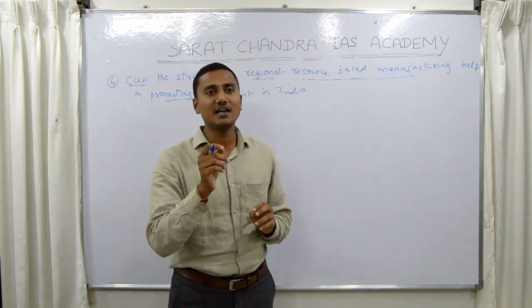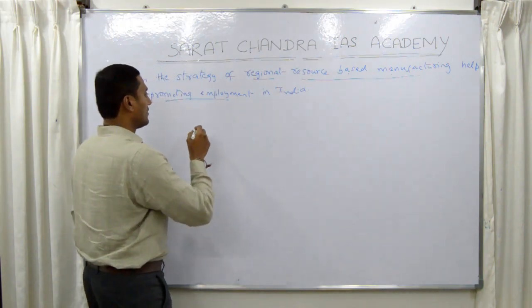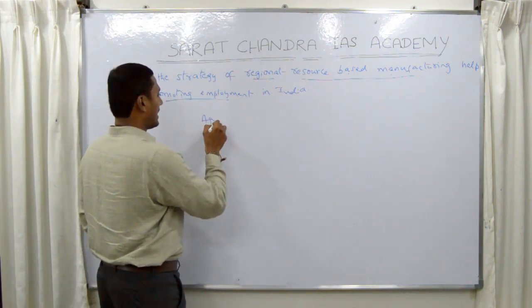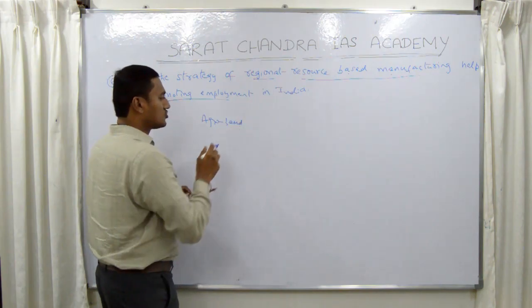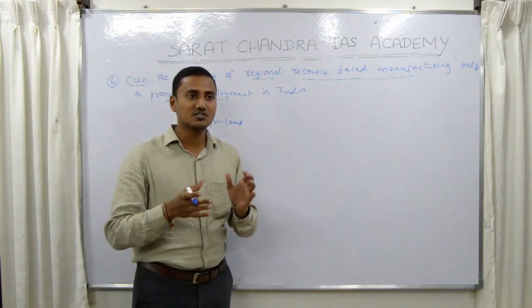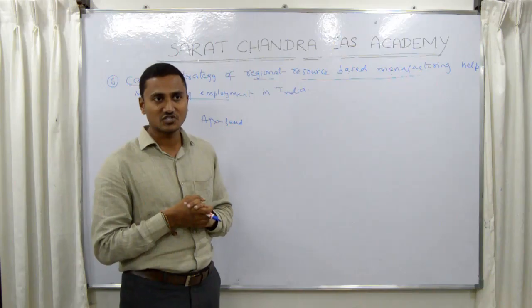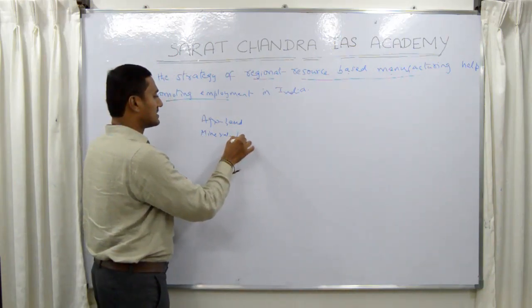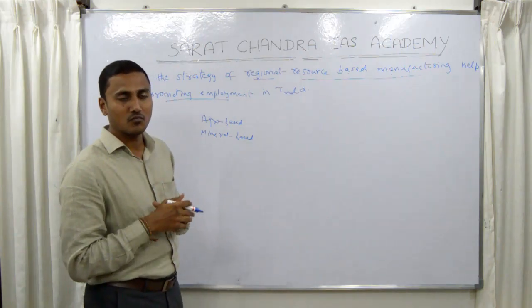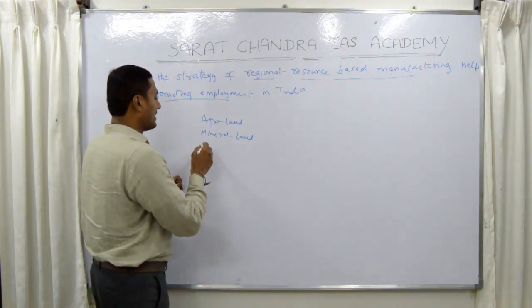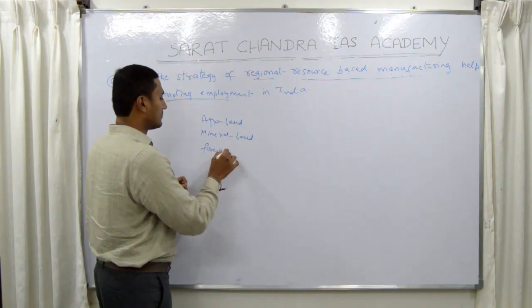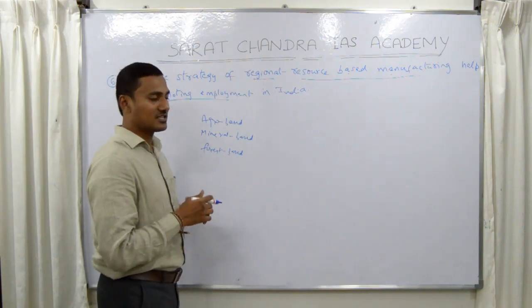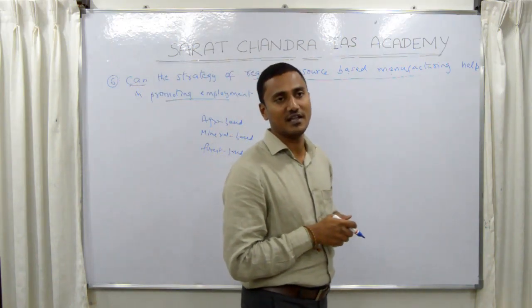For example, in India, you can say agro-based industries should be established in the regions where agriculture is more prominent, and mineral-based industries in the mining regions where more mines are available, and forest-based industries in the forested regions of India.